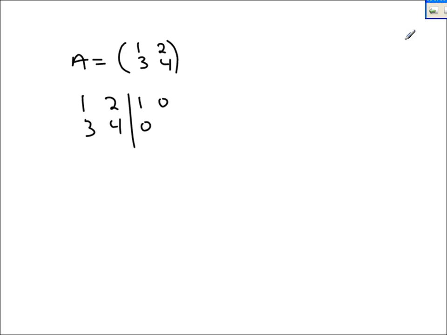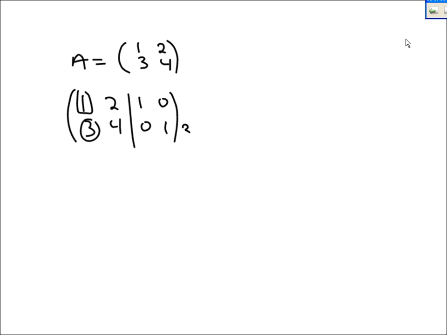Okay. So now we have a procedure for finding the inverse of a matrix. Let us find the inverse of this matrix right here. So I take the matrix and I augment it with the identity matrix. And then to the left of the line, I want to get the identity matrix. This number can stay. I want to kill off the 3.